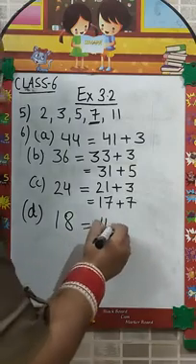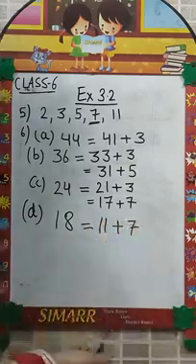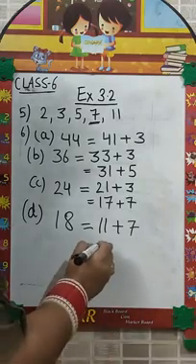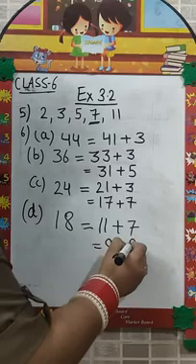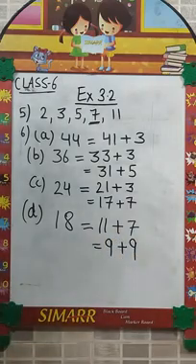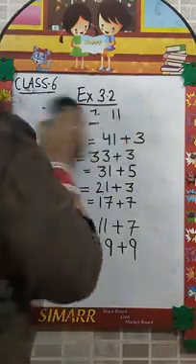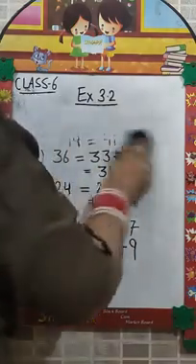That is 11 plus 7, or I can take 9 plus 9. That is sum of two odd numbers. I can take as many examples as I want. Okay, now I am rubbing it. So we are forwarding to the next exercise.